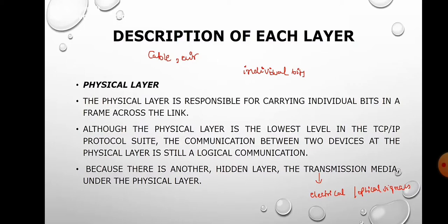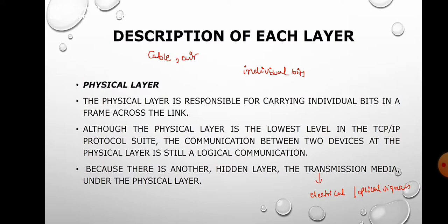The bits received in a frame from the above layer, that means from the data link layer, are transformed and sent through the transmission medium. But we can assume that the logical unit between two physical layers in the two devices is in terms of bits.